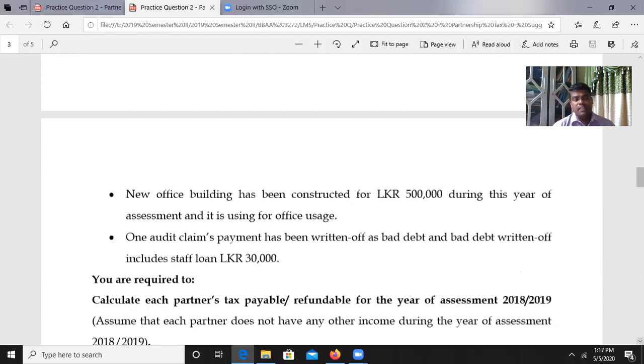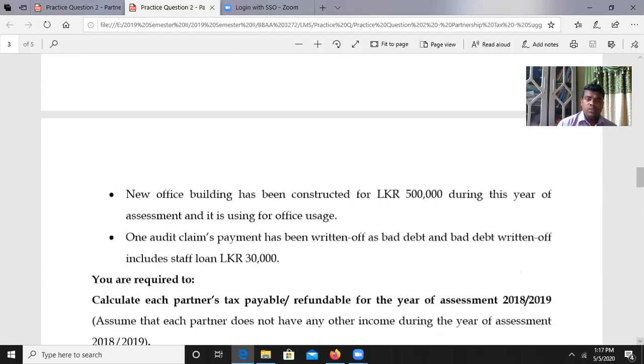Next note number is related with the new building. A new office building has been constructed for LKR 500,000 during this year of assessment, and it is used for office use. So for that newly constructed building, we need to use the capital allowance percentage according to the new act.